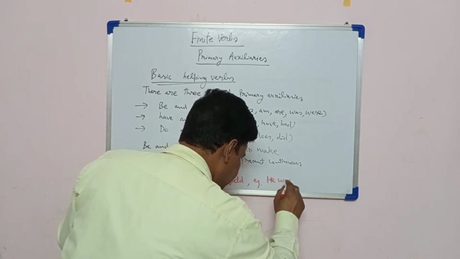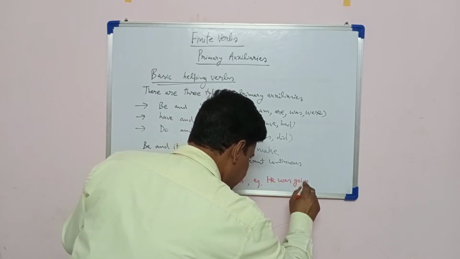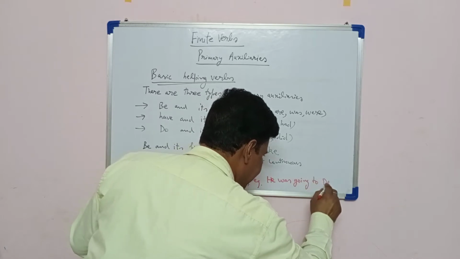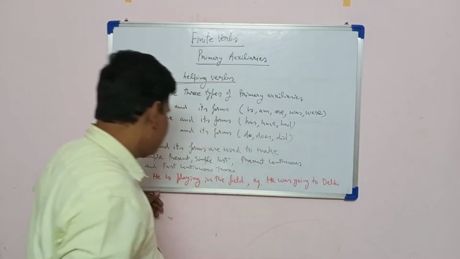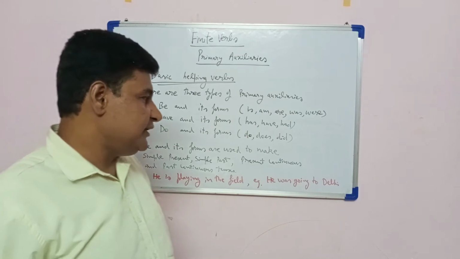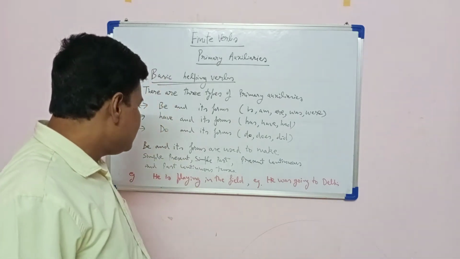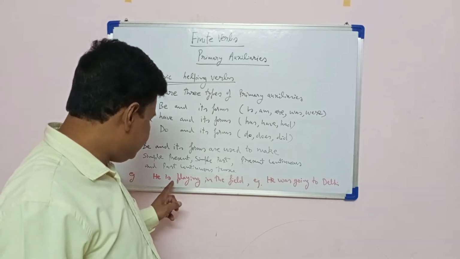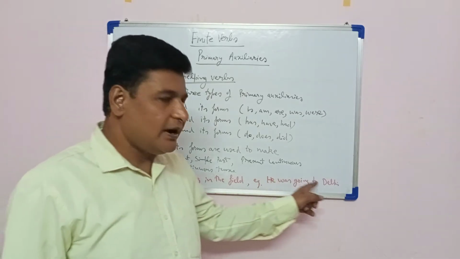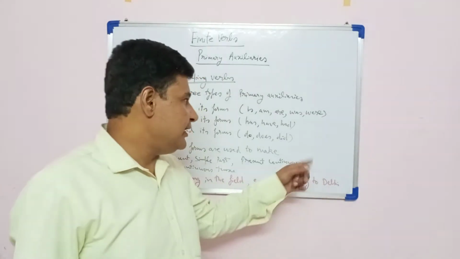He was going to Delhi. So here you can see that present continuous and past continuous tenses are made with the help of these.